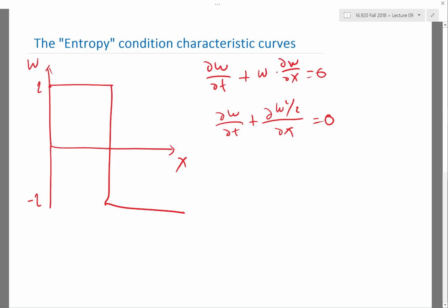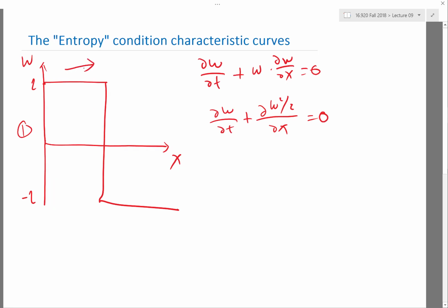The first scenario is a real shockwave. The wave on the left is moving towards the right, and the wave on the right is moving towards the left, so they collide with each other and form a shockwave.